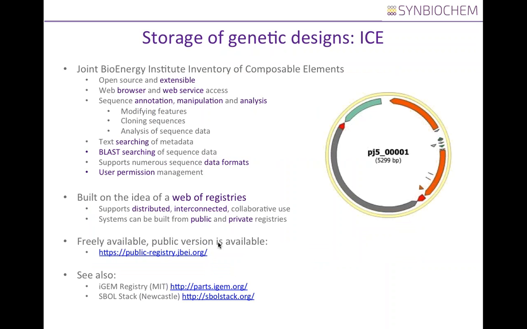But this is a very good piece of kit that's been put together by the JBEI lab in Berkeley. It's a really fantastic web repository for genetic designs. It's open source and it's extensible. It provides us with both browser and web service access, and it contains a number of tools that my colleagues on the build side can use in the annotation, manipulation, and analysis of the sequences that we put together.